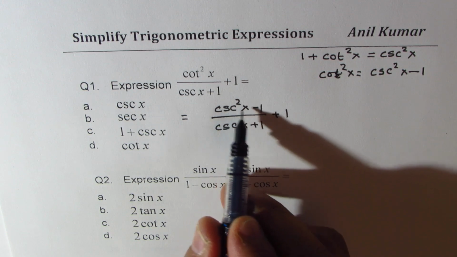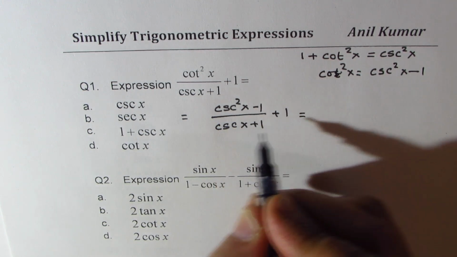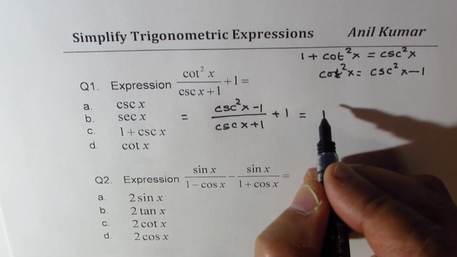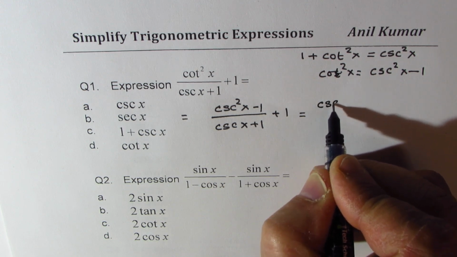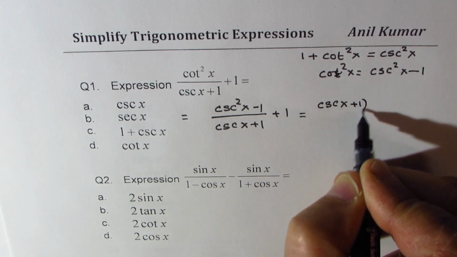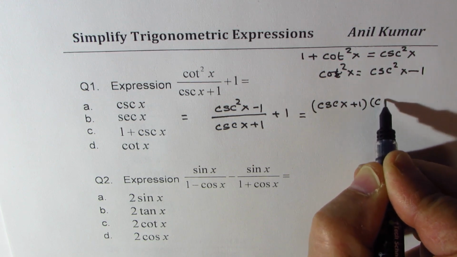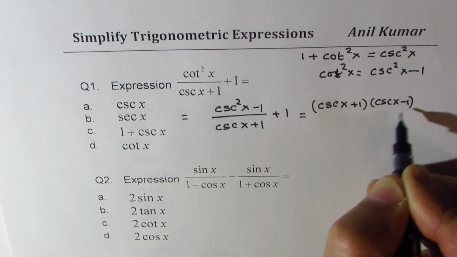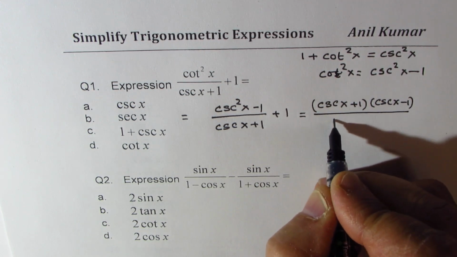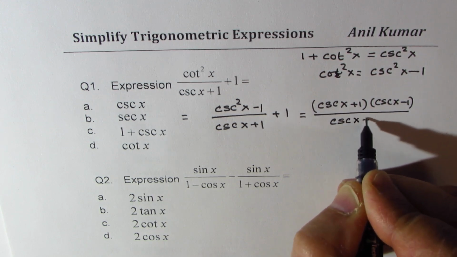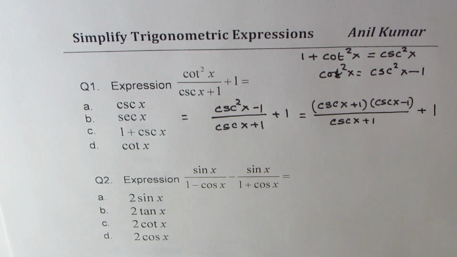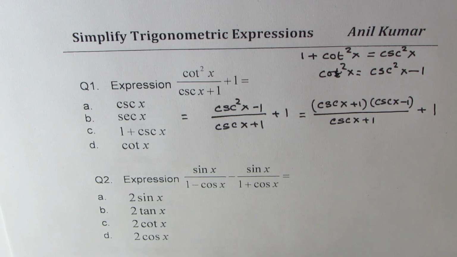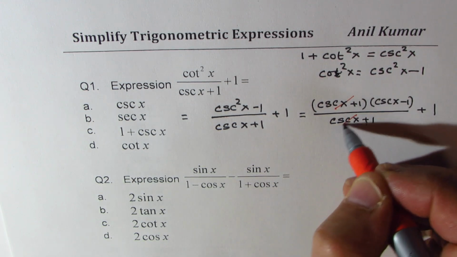Now cosecant square x reminds me of difference of squares. I could factor this and write this as cosecant x plus 1 times cosecant x minus 1 divided by cosecant x plus 1, and we have plus 1 here. Now you could cancel the common factors.